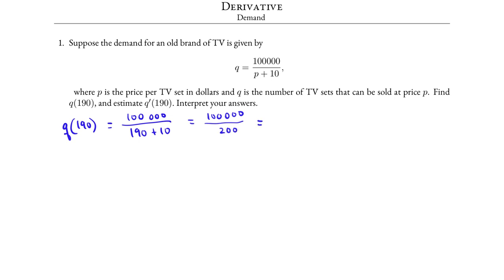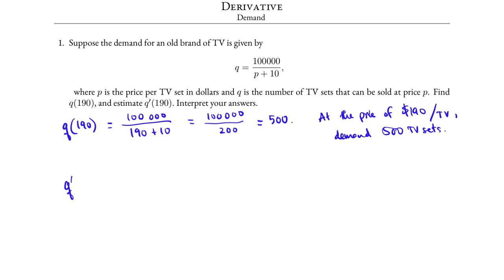So we use a calculator and compute that this is 500. What does this result mean? At the price of $190 per TV set, consumers will demand 500 TV sets.